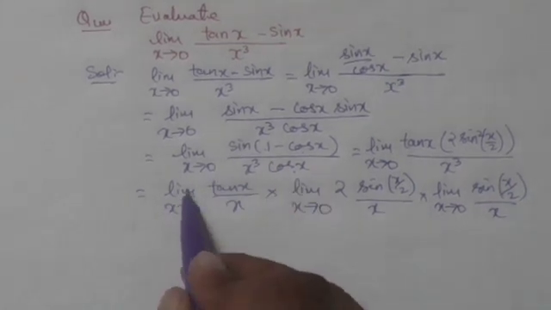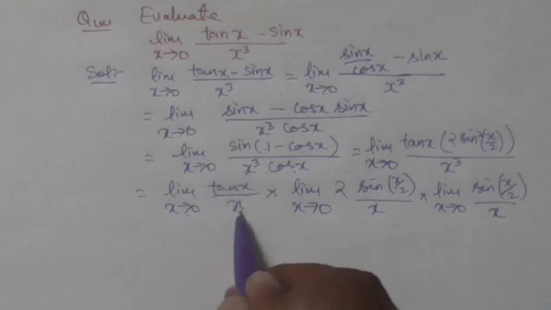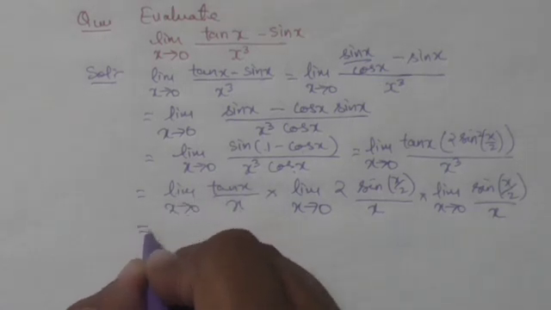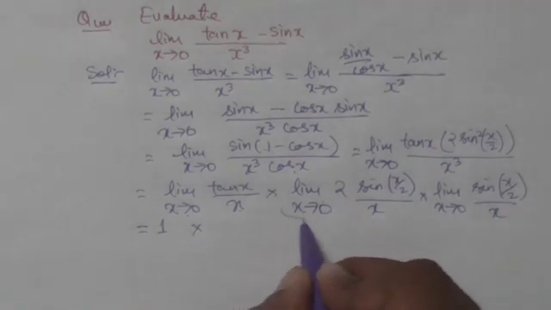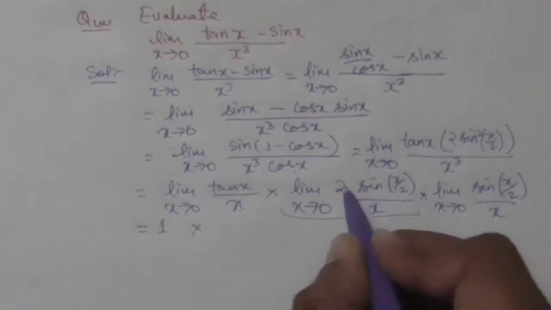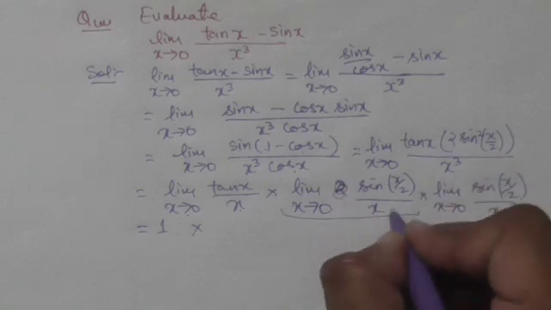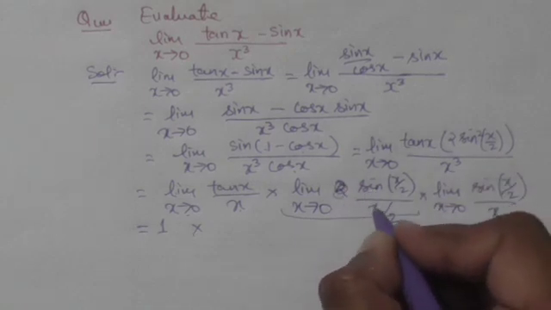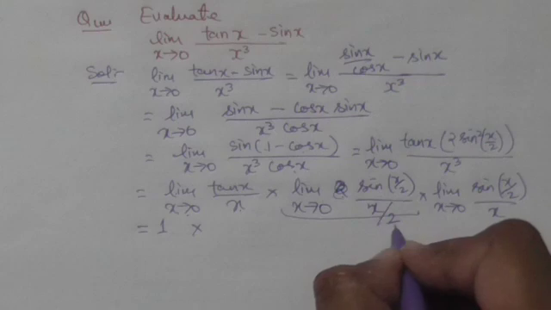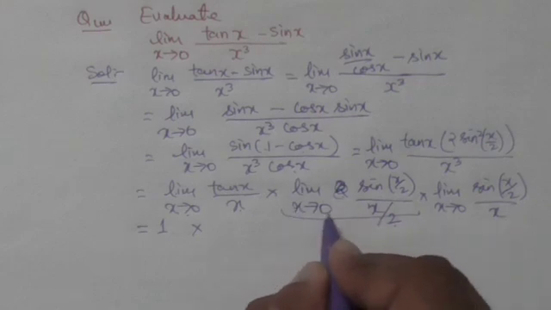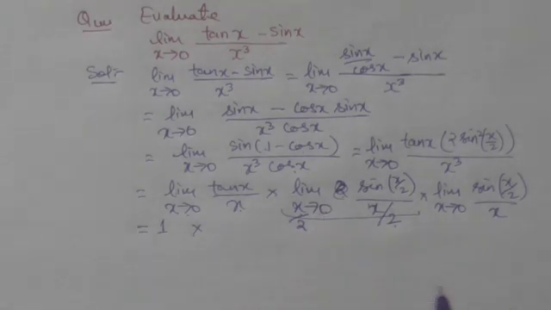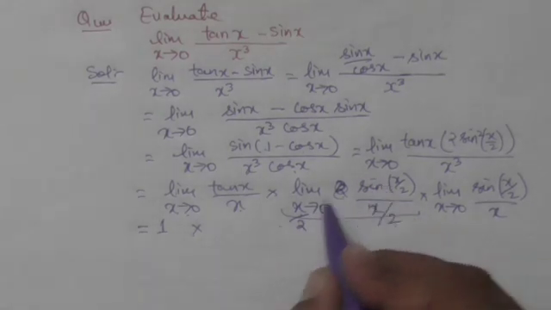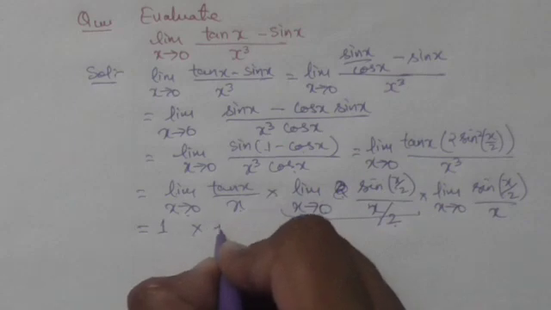So limit x tends to 0 tan x upon x, this expression will be equal to 1. Now see this expression. Now this 2 can come here, right? We can write it like this, in the denominator x by 2. Now as x tends to 0, therefore x by 2 will also tend to 0, right? So the value of this expression will also be 1.